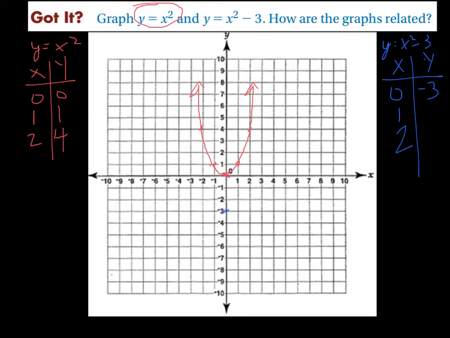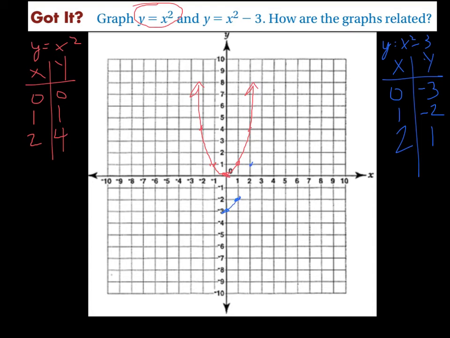Okay? And if I put in 1, I'm going to get 1 minus 3, which is negative 2. And if I put in positive 2, 2 squared is 4, minus 3 is 1. So I have a 1, negative 2, and I have a 2 and positive 1.